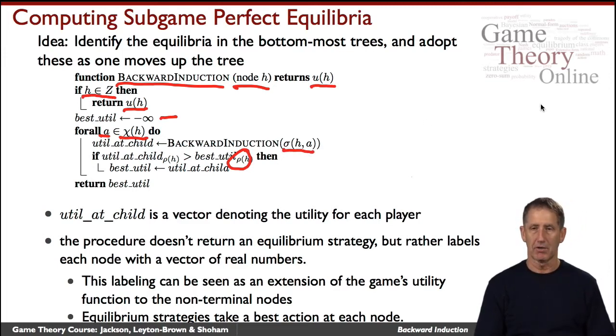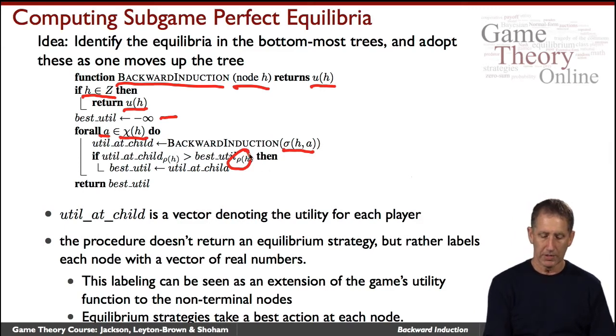That's called σ(h, a). So σ(h, a) is simply another node, one of the children of node h, that you arrive at by taking that particular action a. And we'll recursively look at the vector associated with that child, and we will keep it in this variable called utilAtChild.